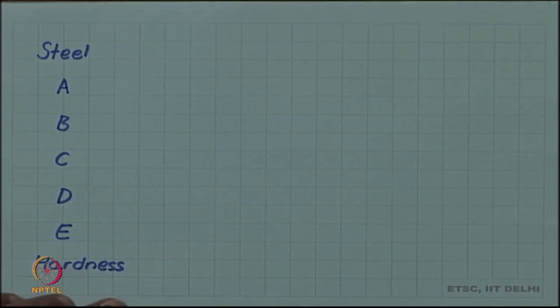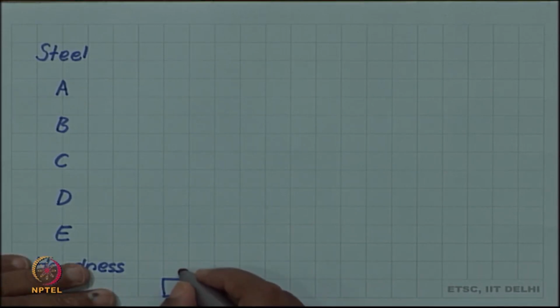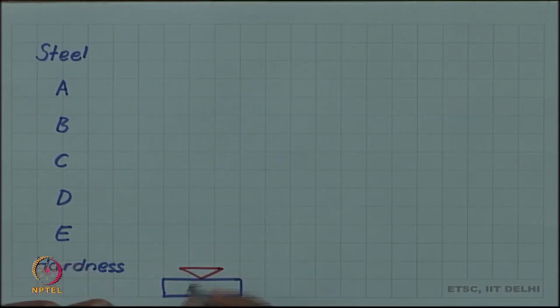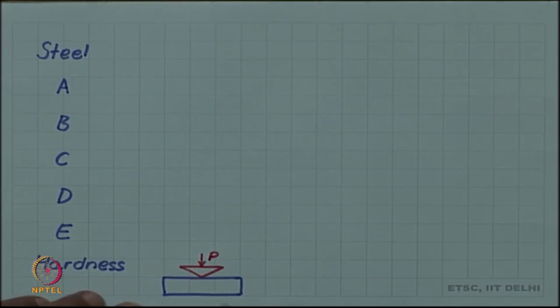And hardness is a simple test in which all you have to do is to prepare a nice flat surface of your specimen, and in that you then press some sort of hard indenter made of diamond or hardened steel, through some load.